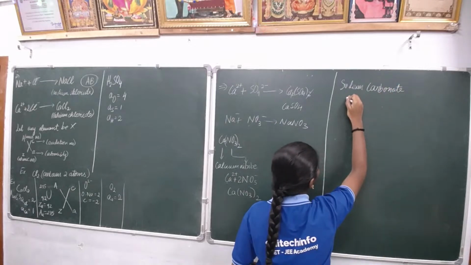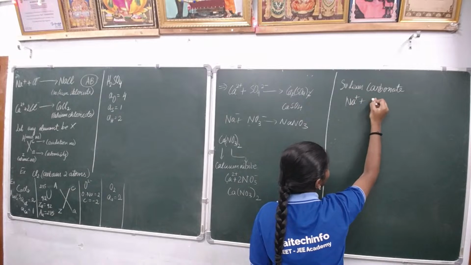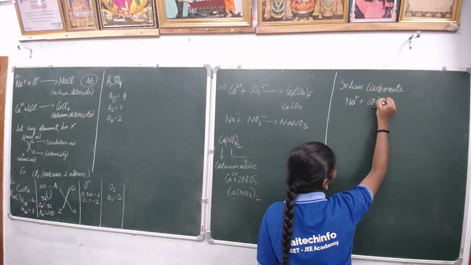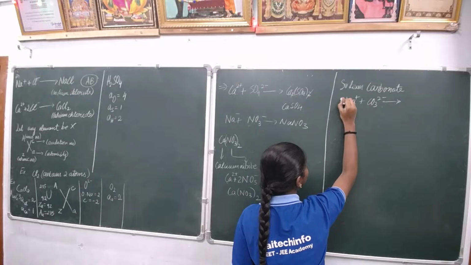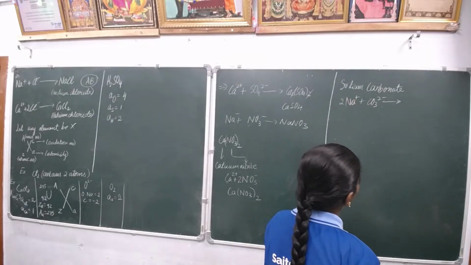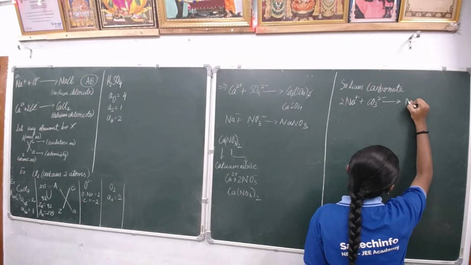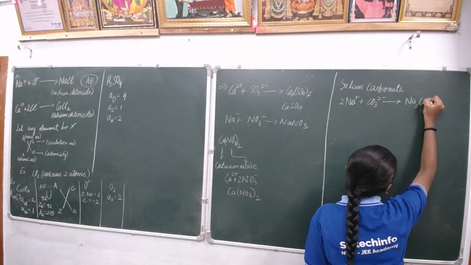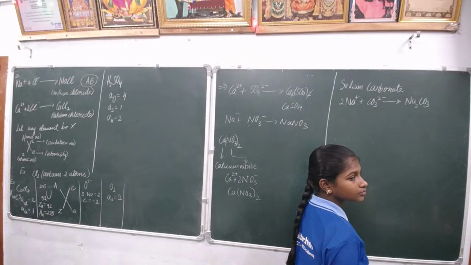Carbonate is CO3 2-. So this is plus, this is 2 minus. So you have to multiply by this 2. You can establish the ionic reaction. So Na2, that is this molar coefficient, should be written as atomicity. So Na2, then you can put CO3. That's all.